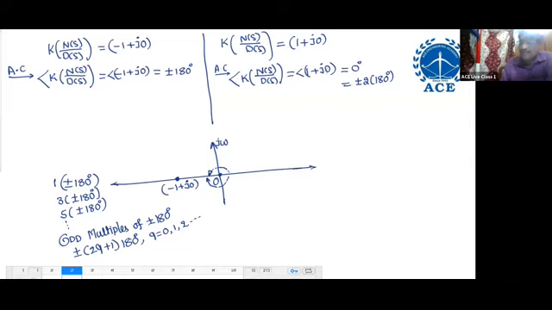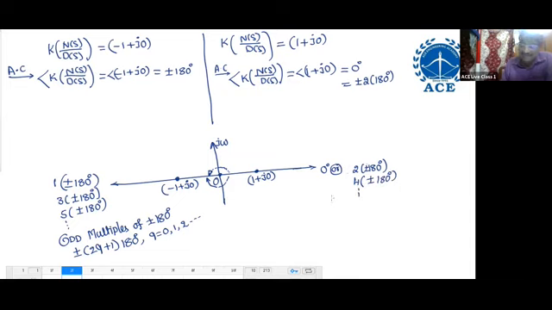What is this axis? Tell. 1 plus j0 means here. What is this line? What is the axis? 0 degrees, or 360 degrees. 360 degrees means I can write 2 times plus or minus 180 degrees. I can write 2 times plus or minus 180, or 4 times plus or minus 180, or 6 times.